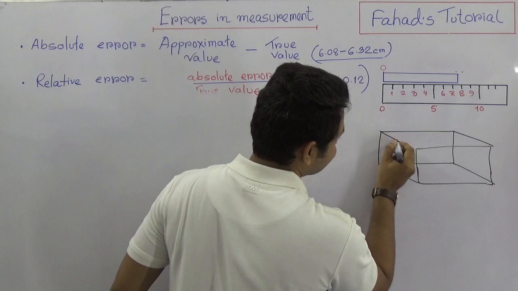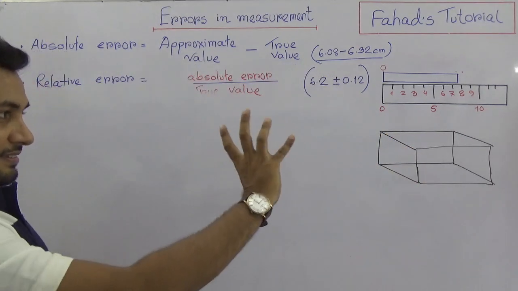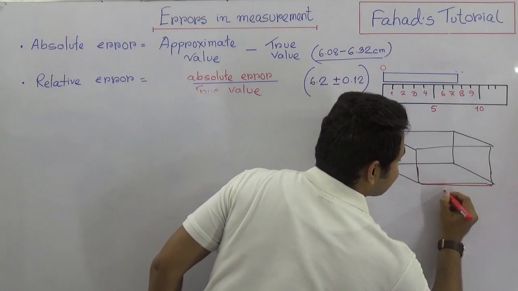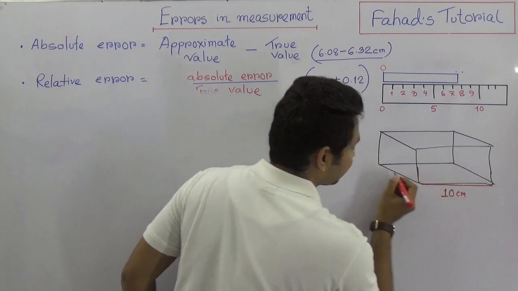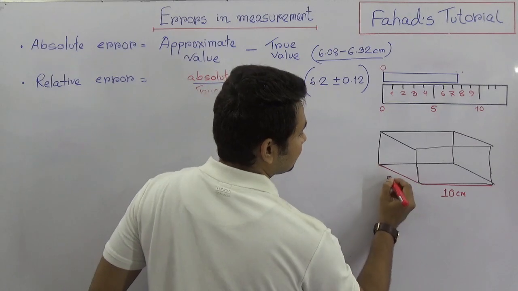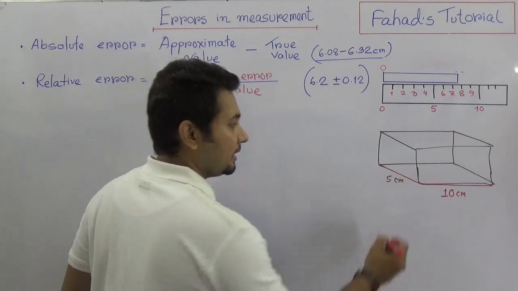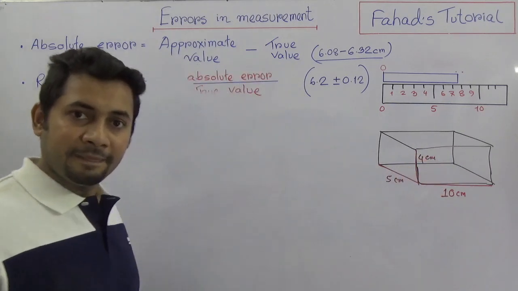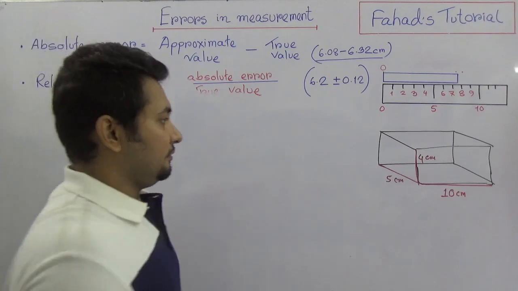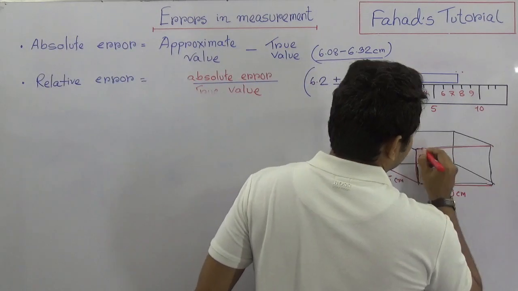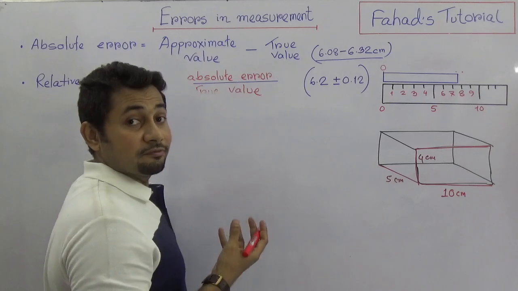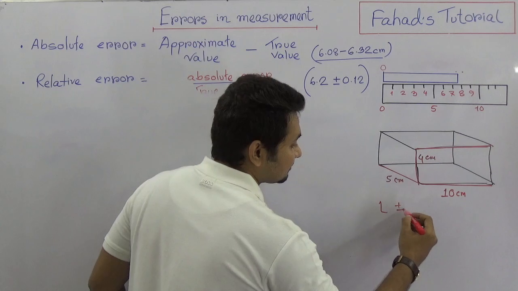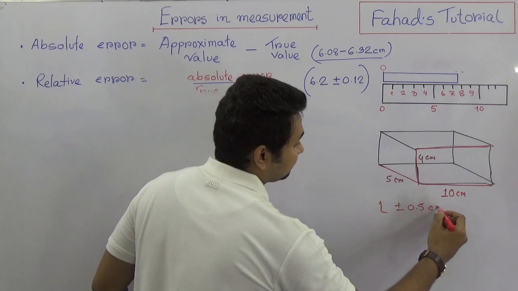and think about the space. So it is given the length of that rectangular is 10 centimeter, the breadth is 5 centimeter, and the height is 4 centimeter. Now if it is said that the absolute error can be 0.5 centimeter in case of length, so it could be the length plus minus 0.5 centimeter.